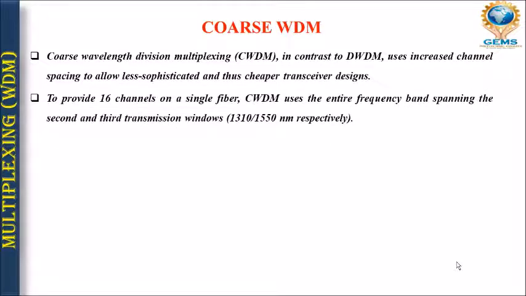It provides 16 channels on a single fiber. That means on a single fiber you can embed nearly 16 channels at a time, and it uses the entire frequency band spanning the second and third transmission windows, also known as 1310 to 1550 nm respectively, right? Okay.